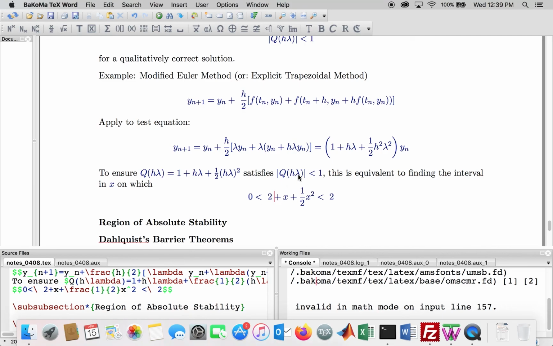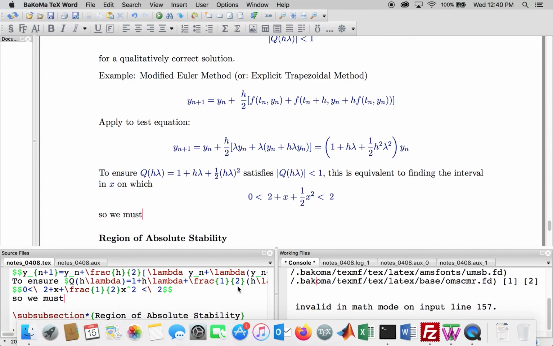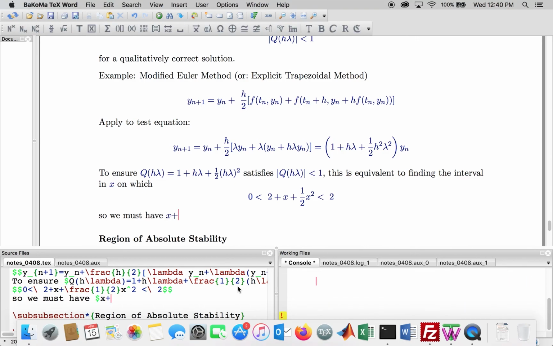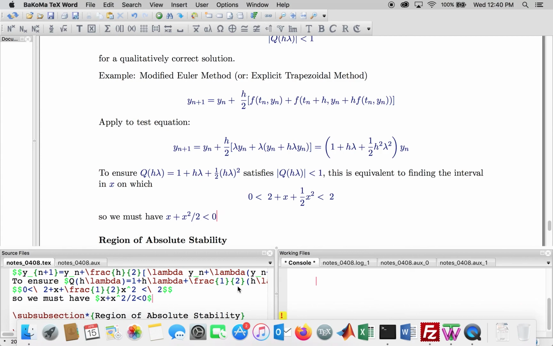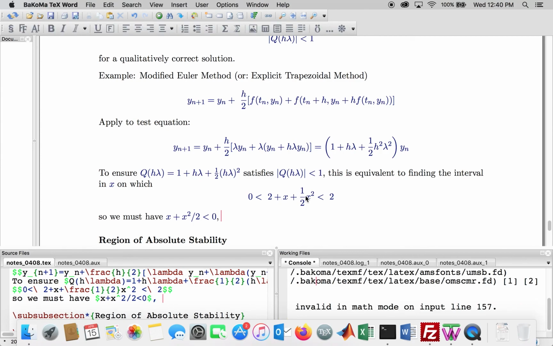H is positive, lambda is negative, so x is actually going to be negative. So what that means is this has to be negative for one thing. Must have x plus x squared over 2 be negative, so subtracting something off from 2.